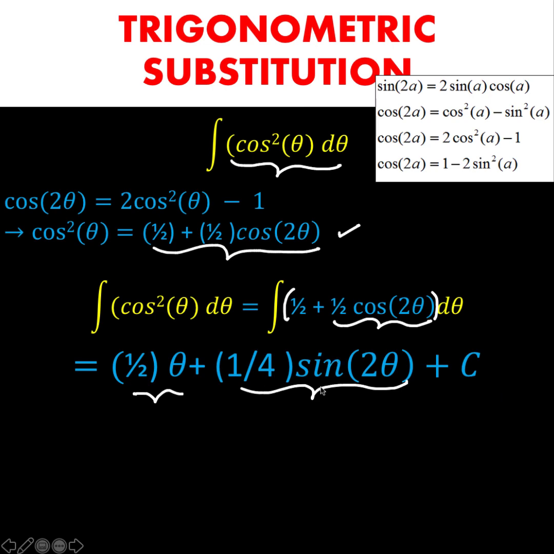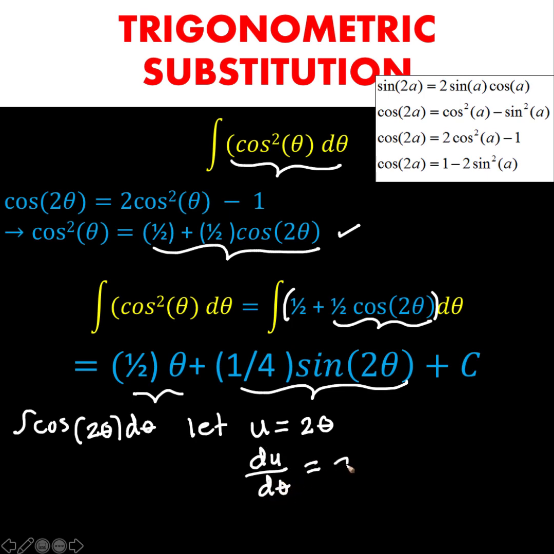Now to arrive at this, we perform what we call the u substitution. Let me show you how we arrive at this 1/4 sine of 2 theta. So from the integral of cosine of 2 theta d theta, we let u equals 2 theta. It follows that du over d theta therefore is equal to 2.